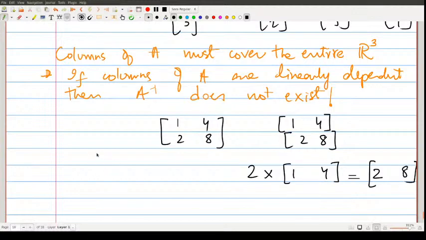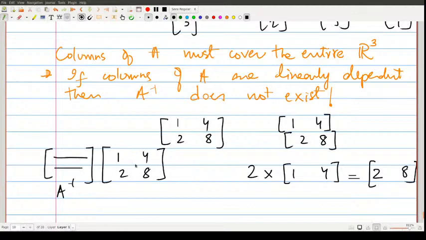And that's true because A inverse doesn't just exist on the right hand side, A inverse will exist on the left hand side as well. If A inverse existed on the left hand side, each row of A inverse would take a linear combination of the rows of A. And the rows of A must also be linearly dependent, because the columns were linearly dependent.